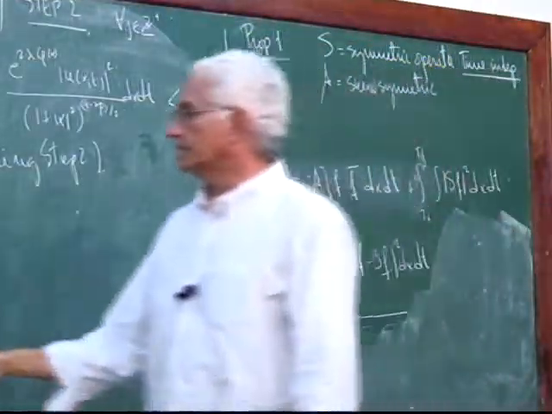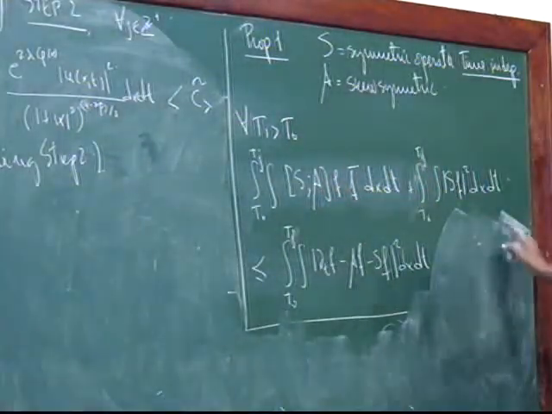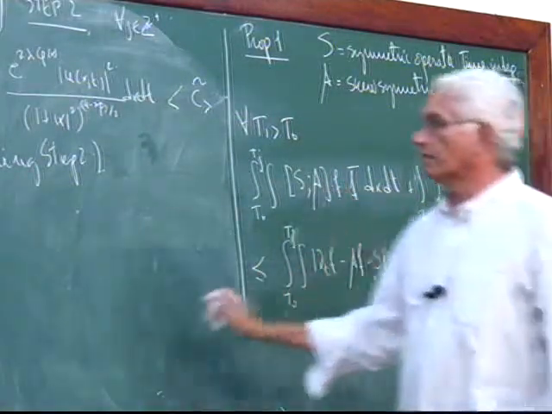Then your problem is, I'm going to use this proposition, I forget this part, and I'm going to write what we have.